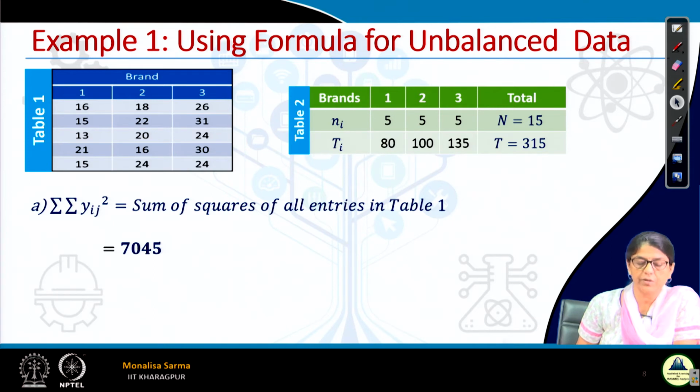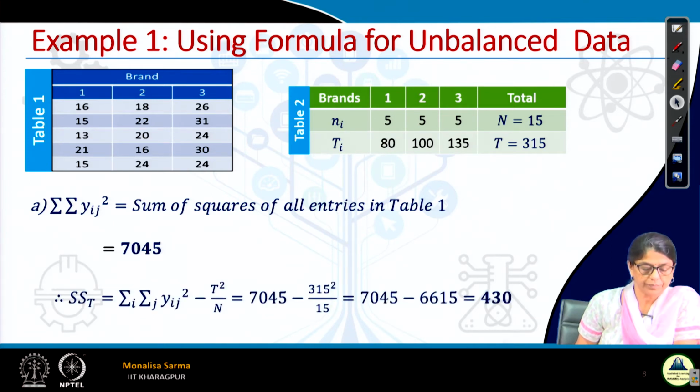This gives us the value 7045. Then what is SST? SST is the sum of Yij squares minus T square by n. T is 315, the grand sum, isn't it. With n equal to 15, we got SST as 430.